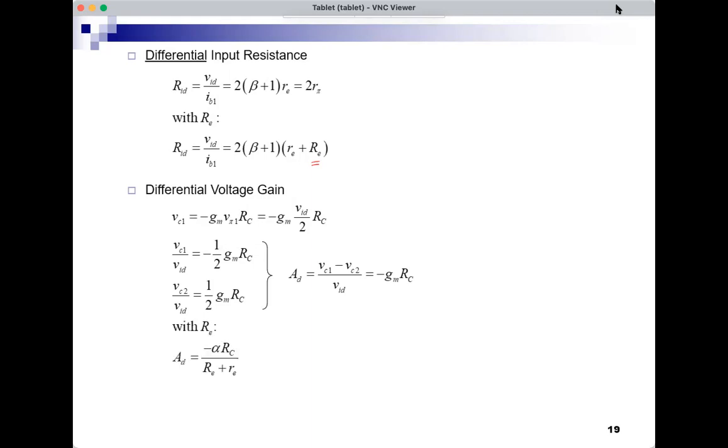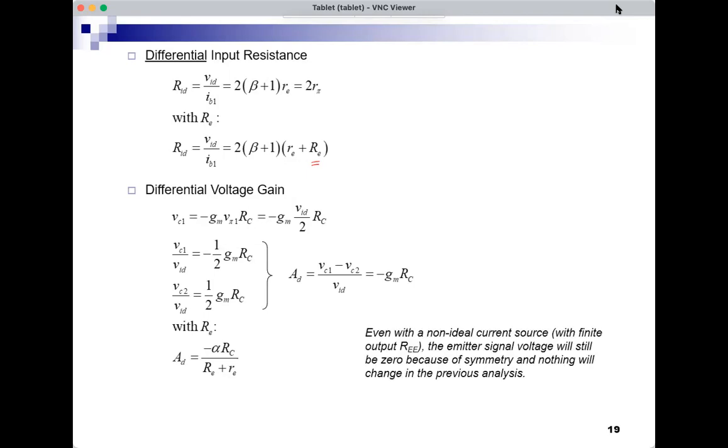If I have RE inserted between the emitter and the common node, then the gain would be minus alpha RC divided by small RE plus RE. And this is almost minus RC over small RE plus RE because alpha is very close to 1.